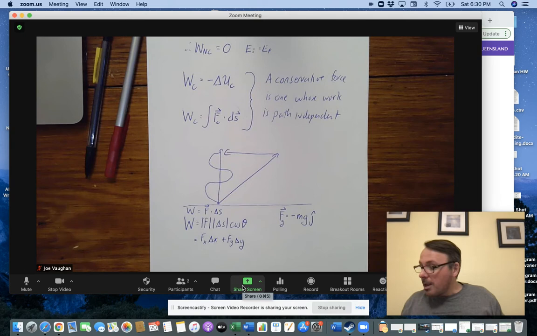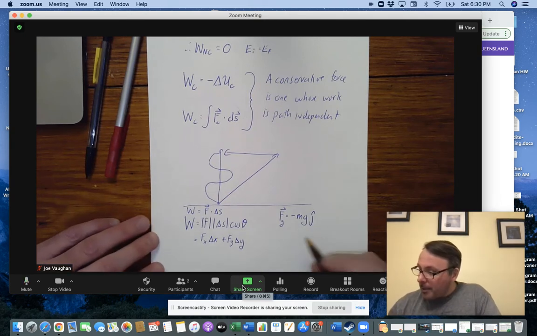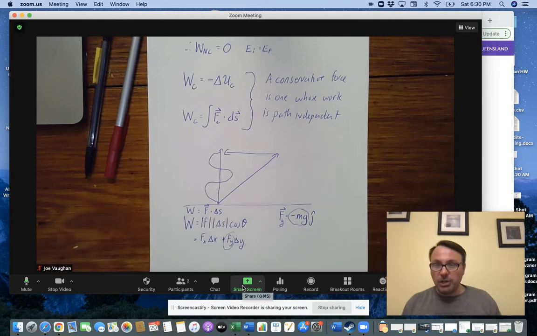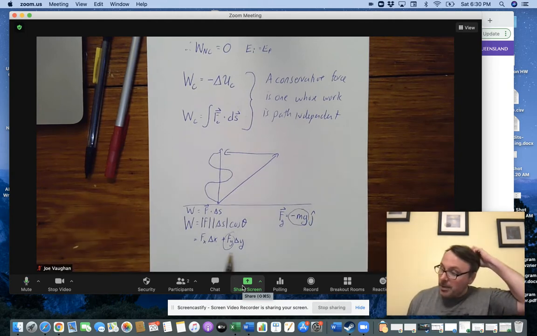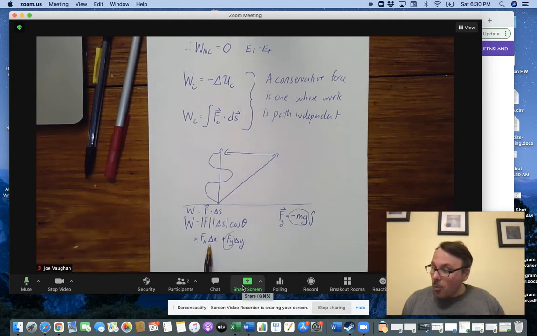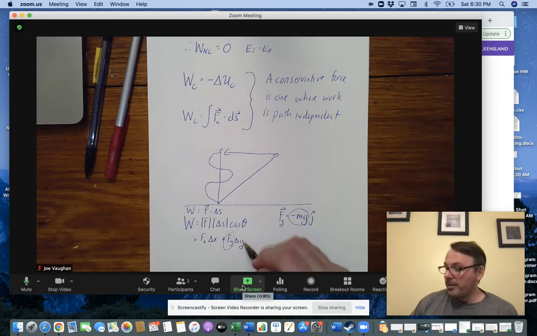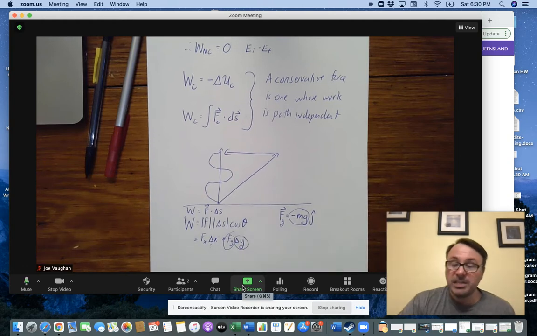So if I look at that then, the Fy here is just negative mg, and you'll notice that any sort of horizontal displacement is functionally not going to matter when we talk about the gravity force, because there's no horizontal component of this force, right? And all that's left mattering is the vertical displacement.